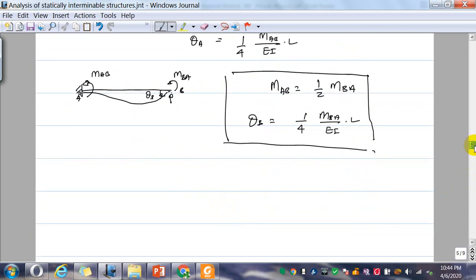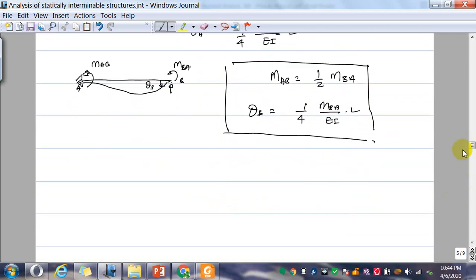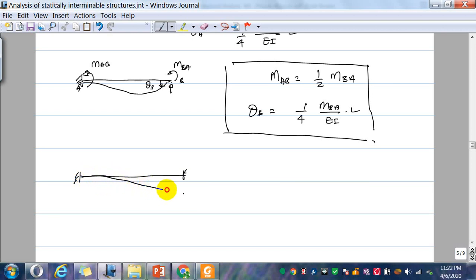Now the third equation we have to derive is for the deflection. So the third one is the settlement. Now if you look at the beam, and we consider both ends fixed because we don't have any rotation now, and suppose one of these supports settles, then the new position of the beam would be this.